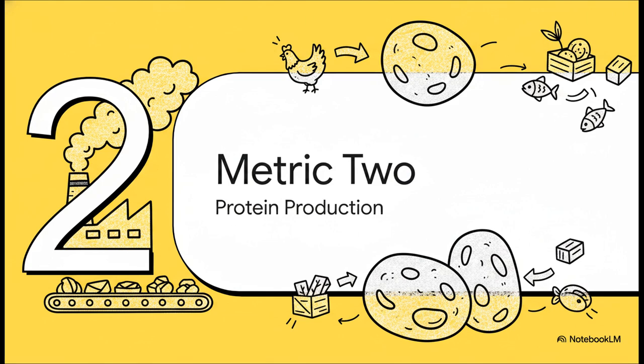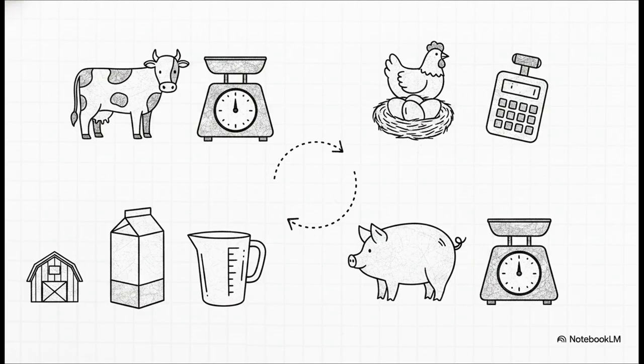So that covers the physical footprint. Now let's shift our focus to metric 2, protein production. This one brilliantly illustrates just how granular the standard gets. Metric FBMP000.B requires the disclosure of animal protein production. But here's the kicker. It's not just one giant aggregated number. It has to be tracked by category, because raising beef obviously has a vastly different environmental footprint than producing shell eggs or milk.